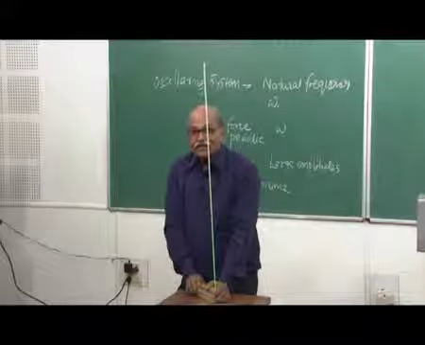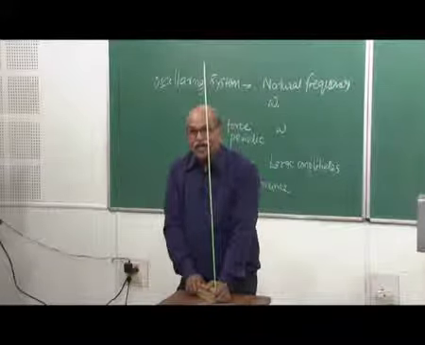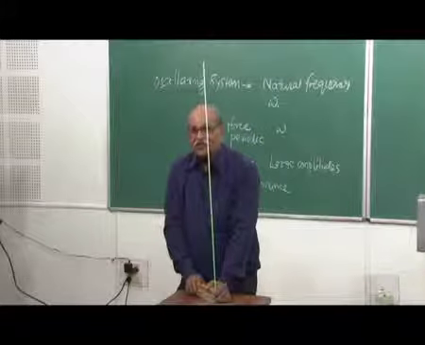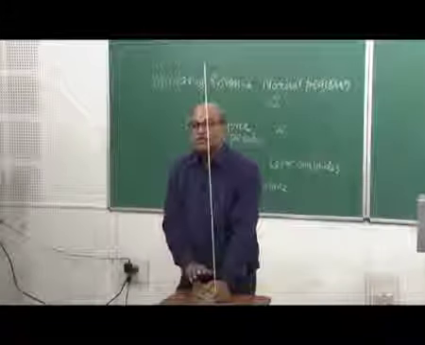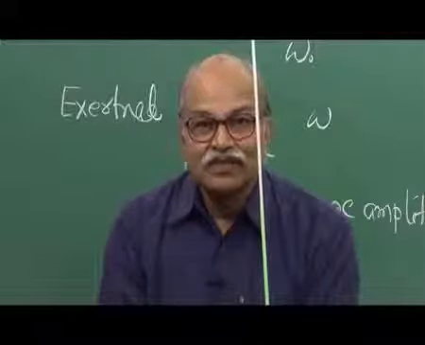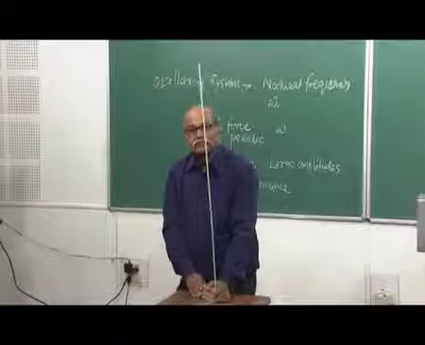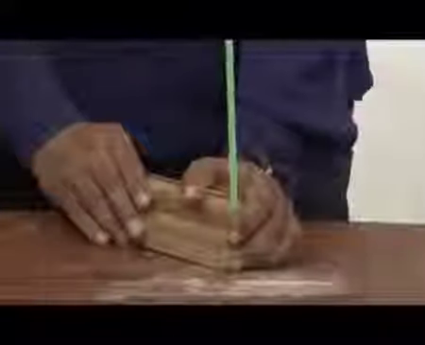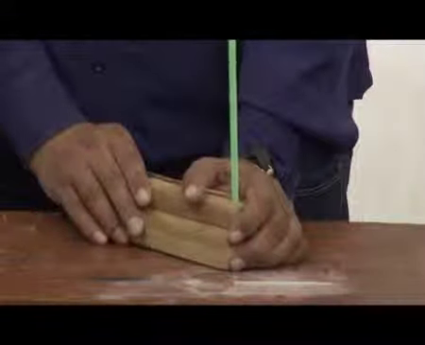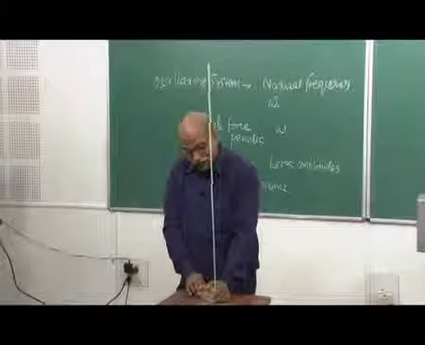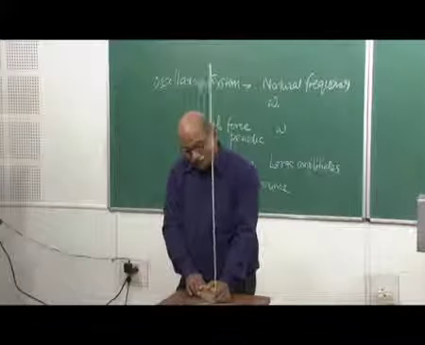And next I will oscillate my hand and apply that periodic force with a frequency which is close to the natural frequency. So first look at my hand. Look at this wooden base. What kind of oscillations I am giving to the base.